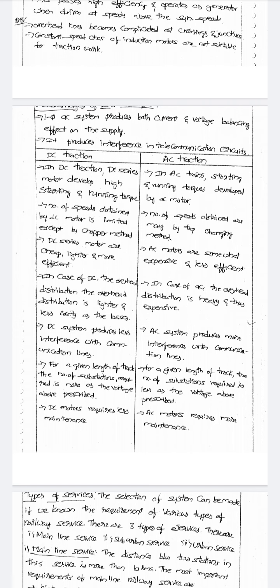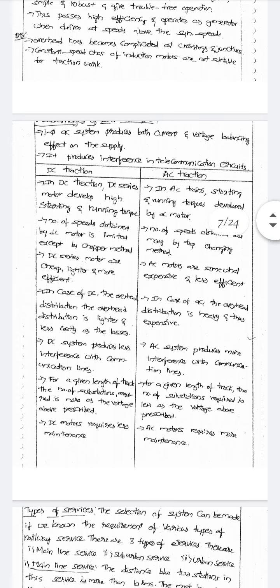Whereas in AC traction, in AC trains, the starting and running torques are developed by AC motors. The comparison will be taken on the basis of starting and running torque. The first comparison.